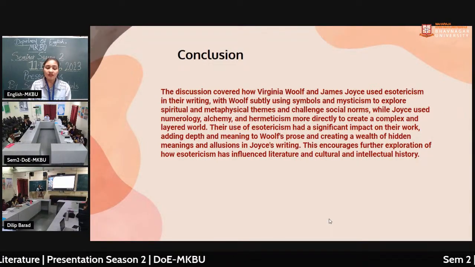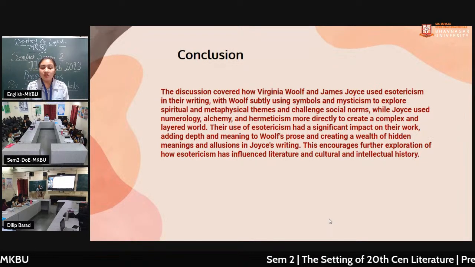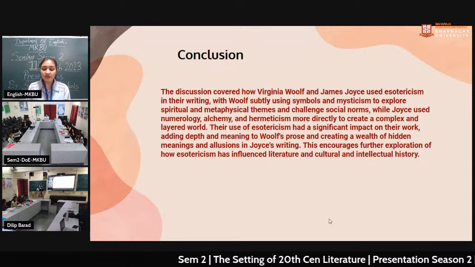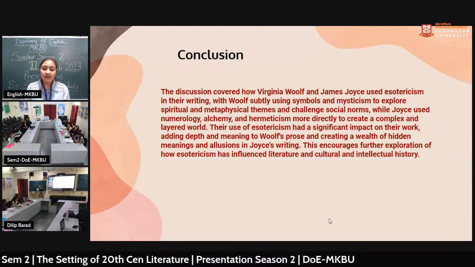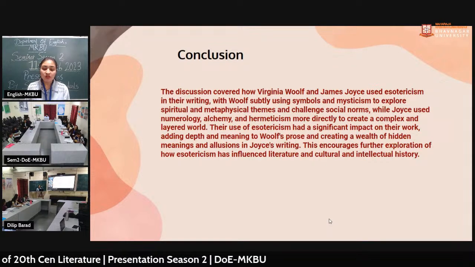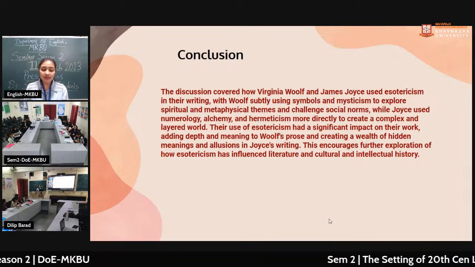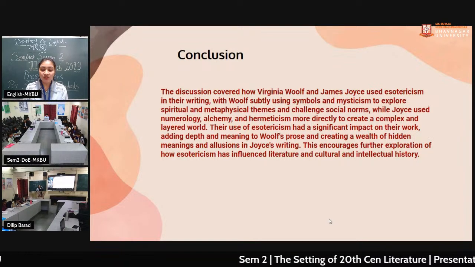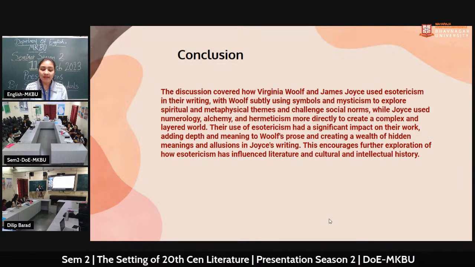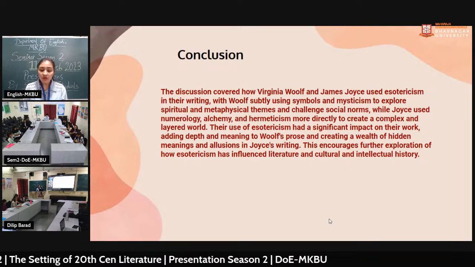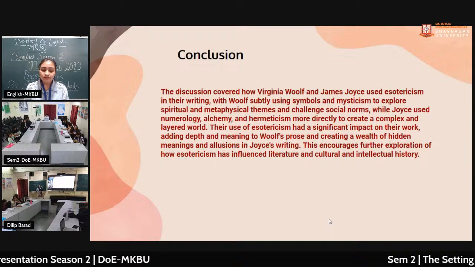To conclude, the discussion covered how Virginia Woolf and James Joyce use esotericism in their writing, with Woolf subtly using symbols and mysticism to explore spiritual and metaphysical themes and challenge social norms, while Joyce used numerology, alchemy, and hermeticism more directly to create a complex and layered world.